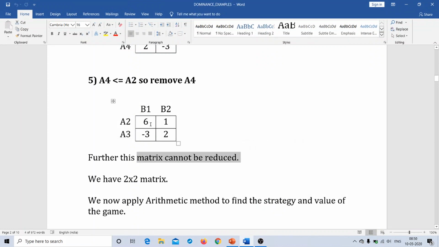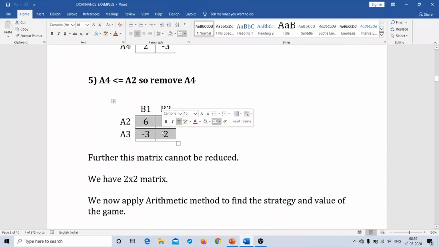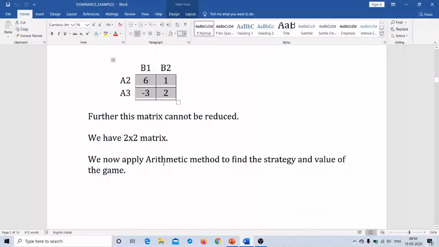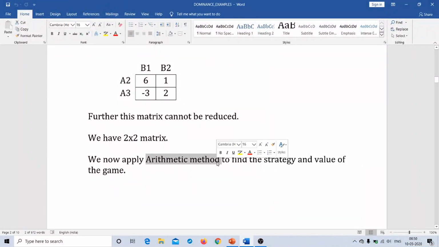So once we land up having a 2 cross 2 matrix, then we have the liberty of using either the algebraic method or the arithmetic method to find out the strategy and the value of the game. So I'm just applying the arithmetic method, even though there's no hard-bound rule, right? It is totally left up to you to adopt any methodology you want.